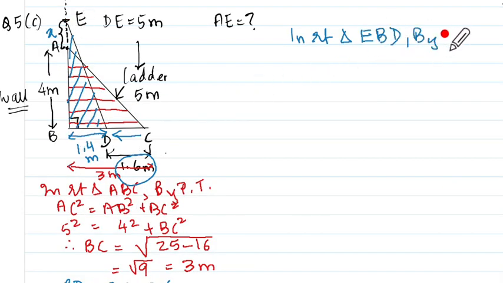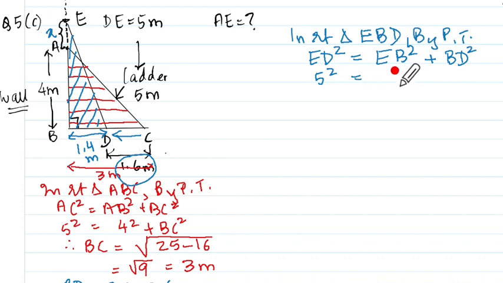And again we'll use Pythagoras theorem, and that will give us ED, the hypotenuse, equal to EB square plus BD square. Now ED is going to remain 5 square. EB we do not know, so we'll keep it as it is, and our BD will be 1.4 whole square.